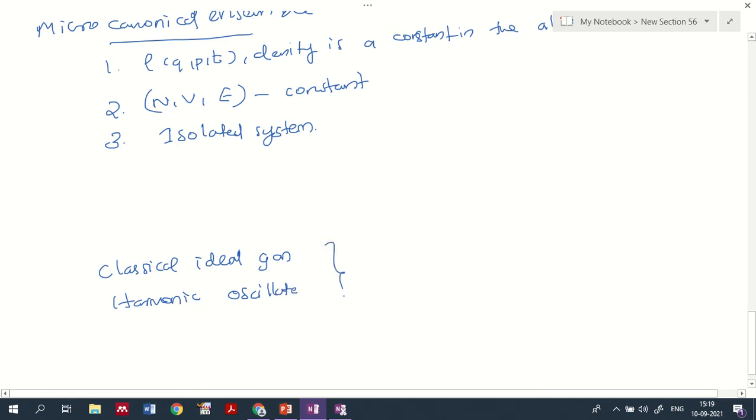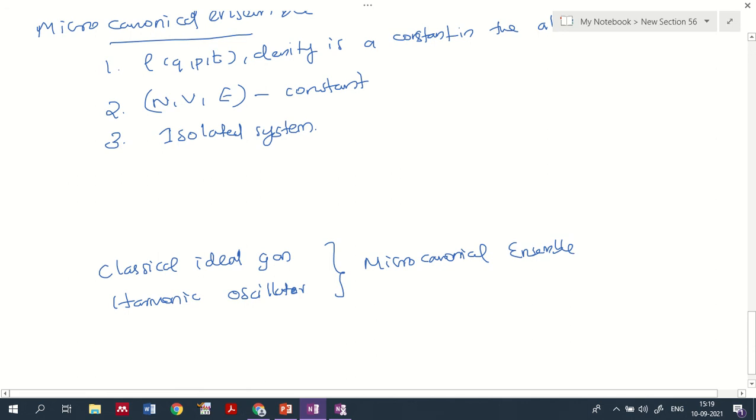In these two cases, how do we utilize the concept of the microcanonical ensemble? That will be our discussion for the next class, the classical ideal gas and the harmonic oscillator in terms of the microcanonical ensemble representation. How do we represent that? That's all for today.